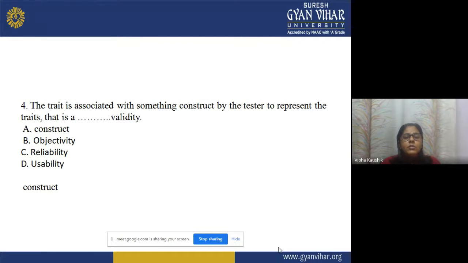The trait is associated with something constructed by the tester to represent the trait, that is a dash validity. A. Construct, B. Objectivity, C. Reliability, or D. Usability. So the correct answer is option A, that is construct validity.